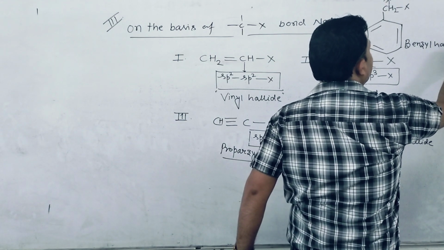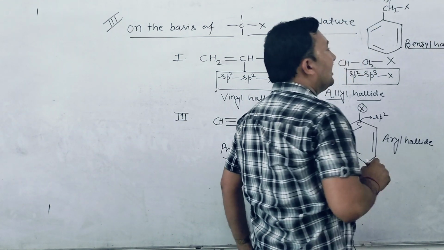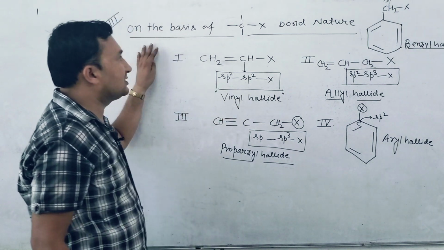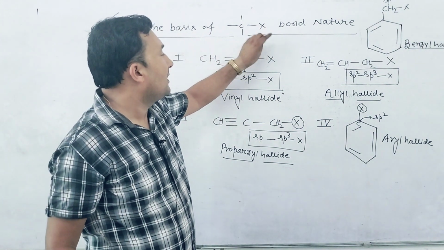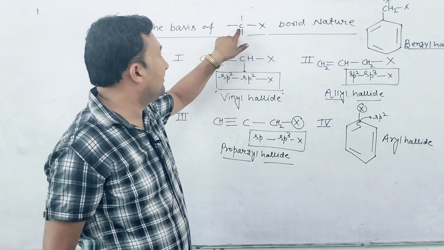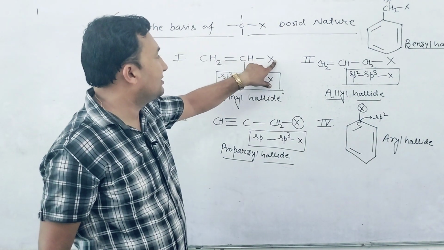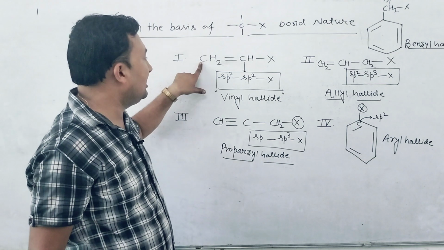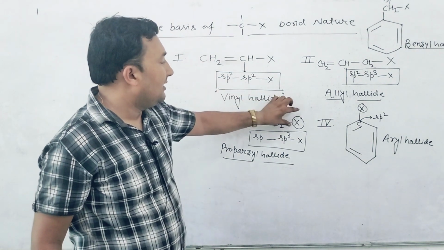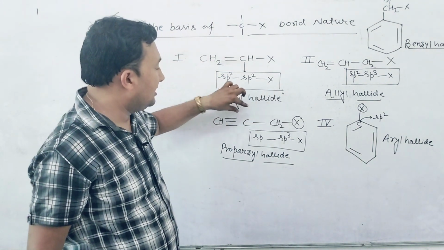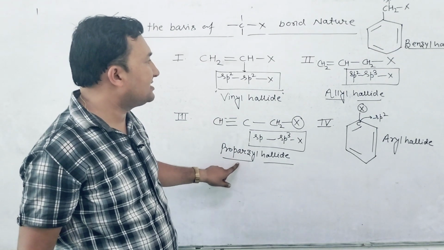So dear students, we have discussed the classification of alkyl halide or aryl halide on the basis of carbon halogen bond nature. Carbon halogen bond nature is influenced by the neighboring carbon. We have discussed vinyl halide, where the halogen is attached to sp2 carbon, which is again attached to sp2 carbon. If the halogen is attached to sp3 carbon and the neighboring carbon is sp, we call it propargyl.